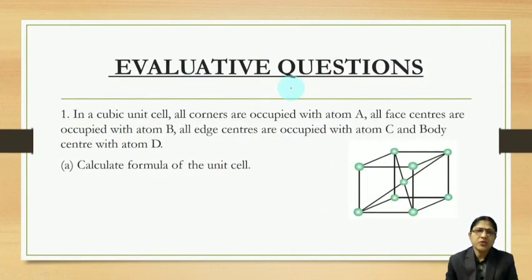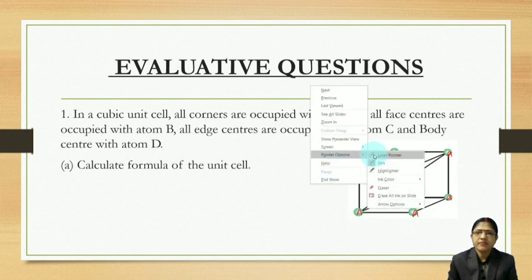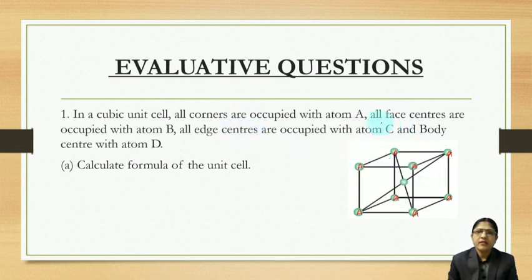Here are some evaluative questions. Let us discuss one by one. In a cubic unit cell, all corners are occupied with atom A. How many corners are there? 8 corners. All are occupied with atom A. Right? Then all face centers are occupied with B. Face center.